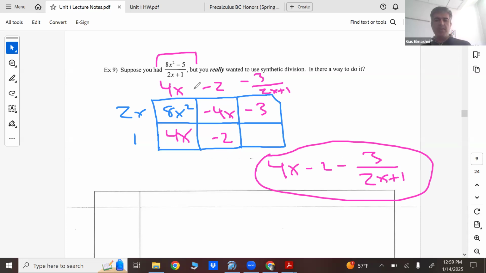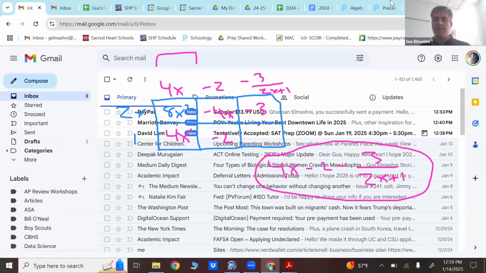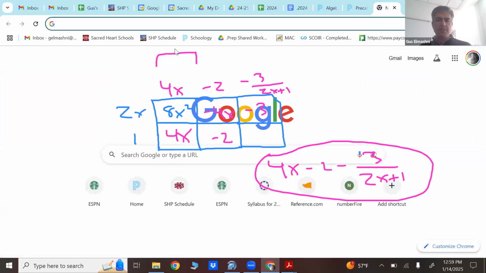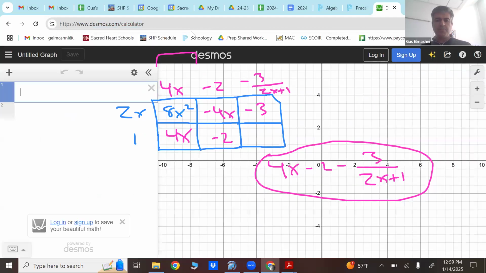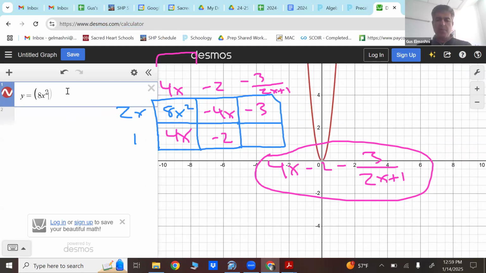Now, here's the thing that's kind of cool. This actually is a really cool problem, and I'll explain why in a moment. Hold on a sec. Let's see. Desmos. Okay, what was our equation? y equals 8x squared minus 5 over 2x plus 1.